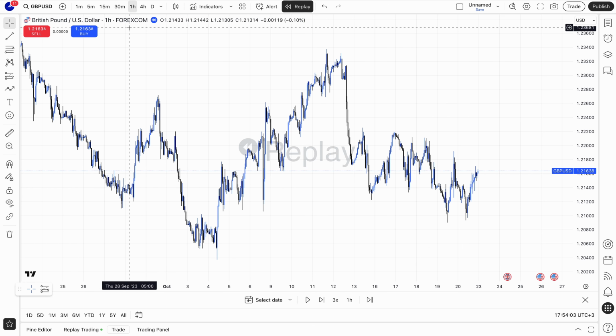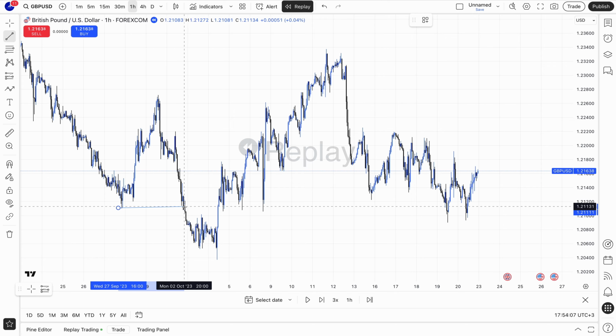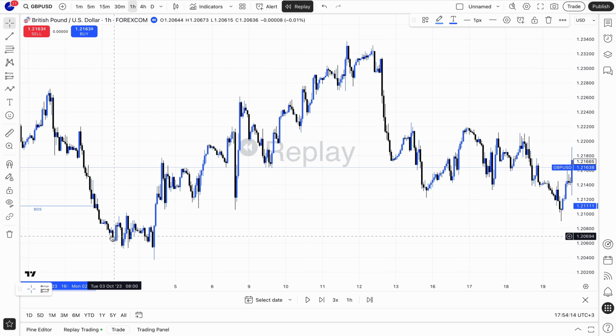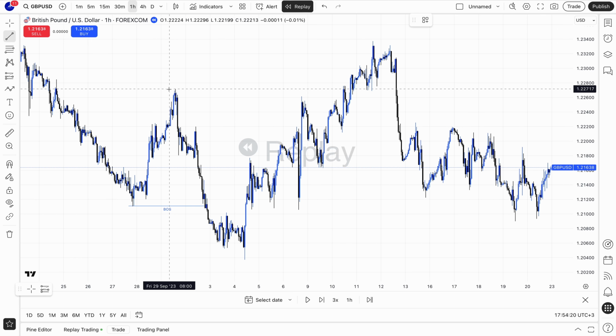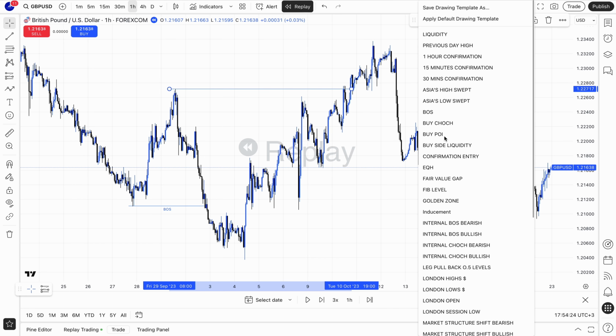And first and foremost, we had our break of structure to the downside. Then this was not a valid pullback. Then you had a change of character to the upside.